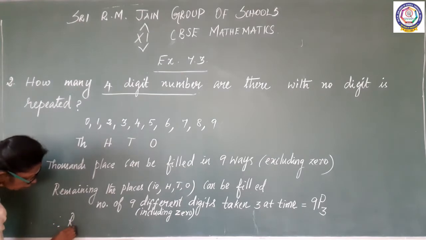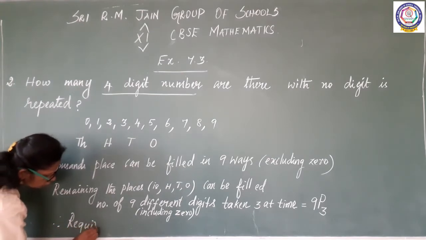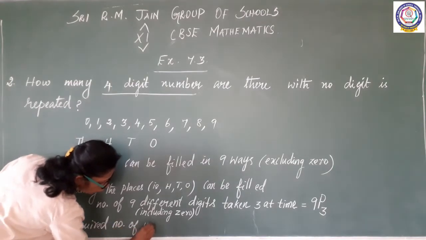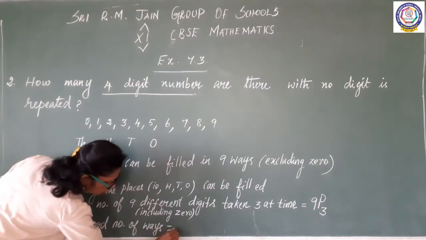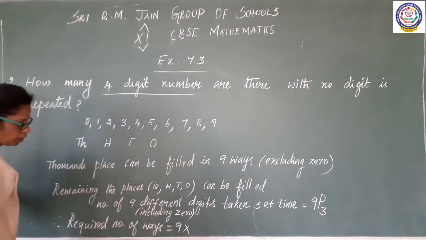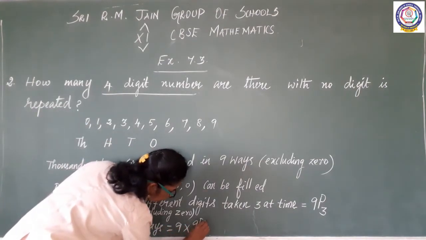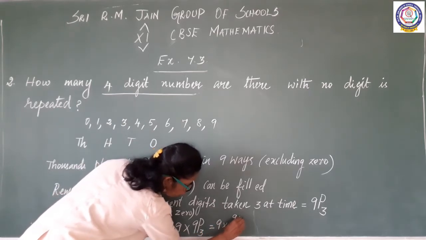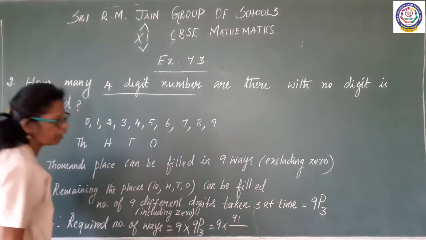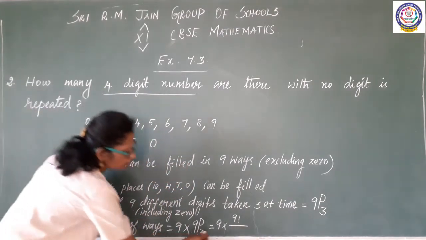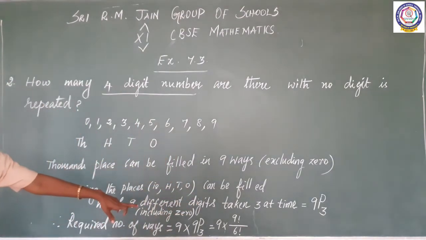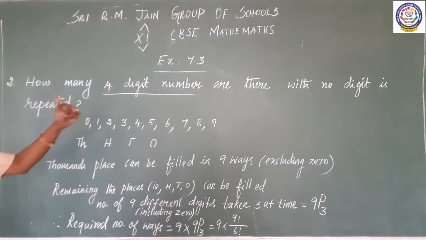Therefore, required number of ways equal to 9 into 9P3. 9 into 9 factorial divided by 9 minus 3, that is 6 factorial, right? 9P3, nPr formula, n factorial divided by n minus r factorial.